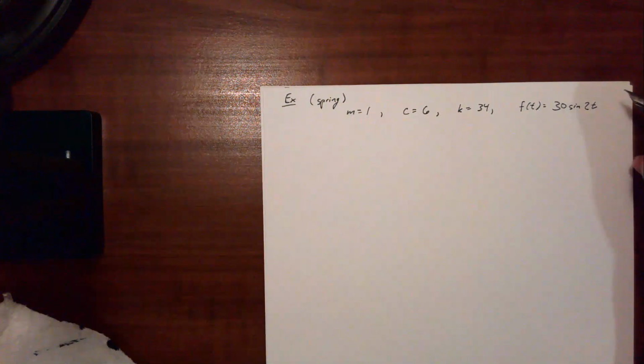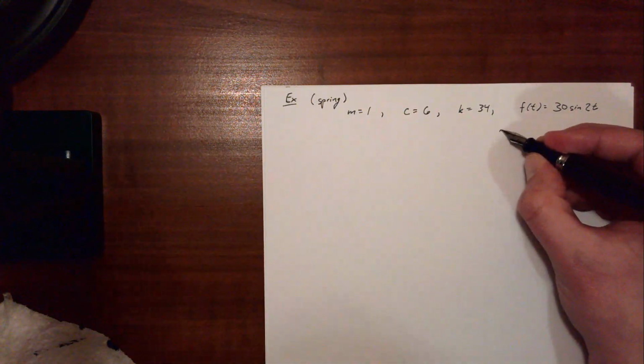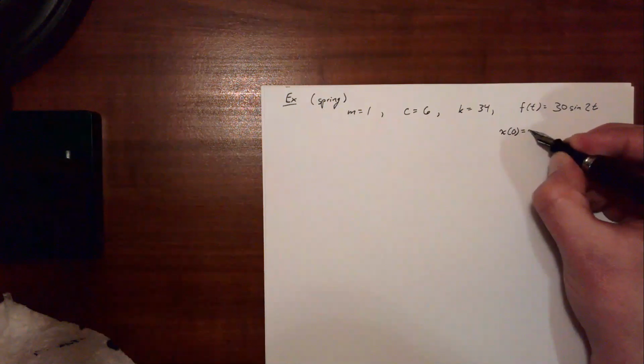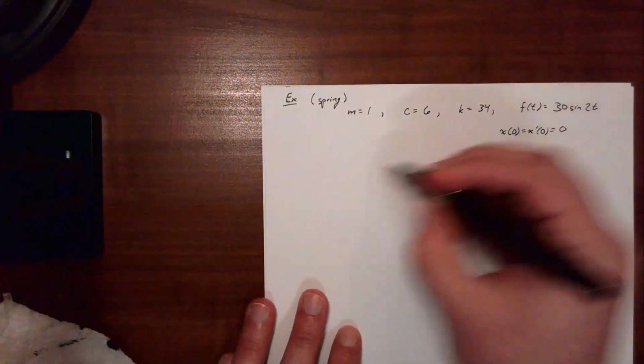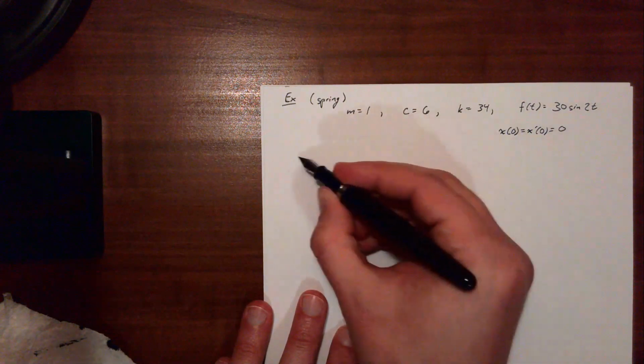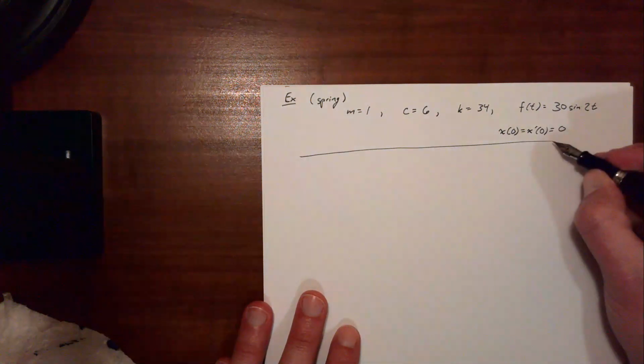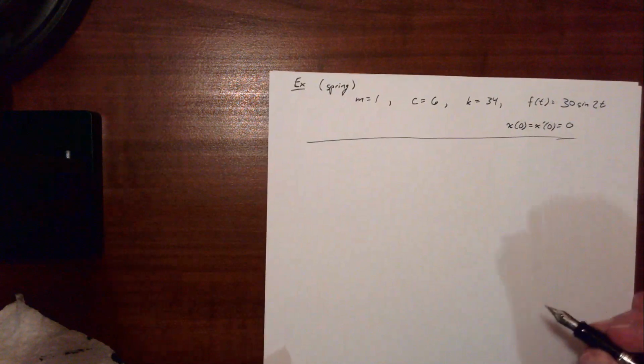And for initial conditions, we'll just start it the same way: x of 0 equals x prime of 0 equals 0. So starting at rest at equilibrium, but it's got this forcing function, and it's also got a dampening function on it.